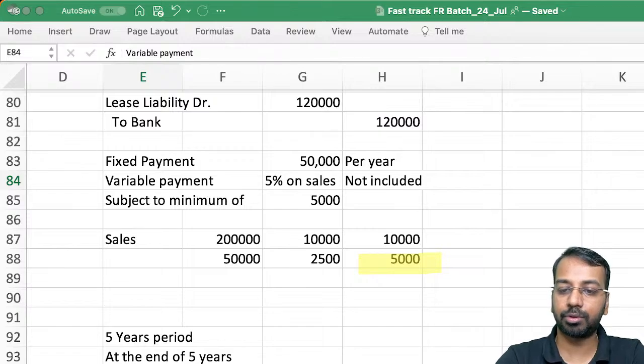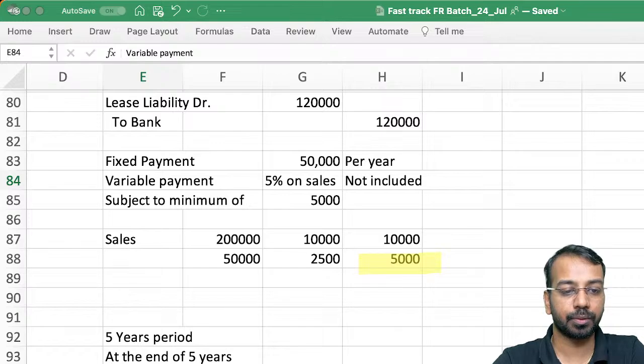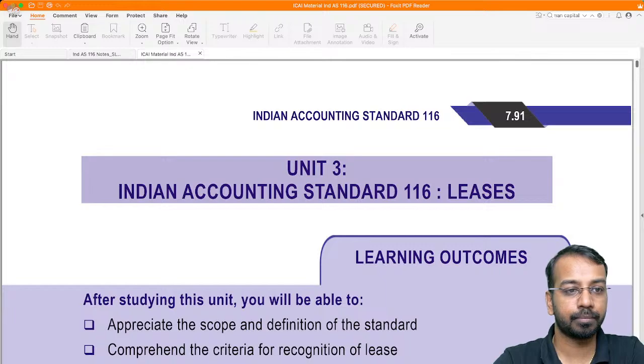Okay. Yes, Rajalakshmi, I'll come to the variable rate based payment. That is the next point which we will be discussing. First, addressing the question he was asking. So let me just share the screen again.